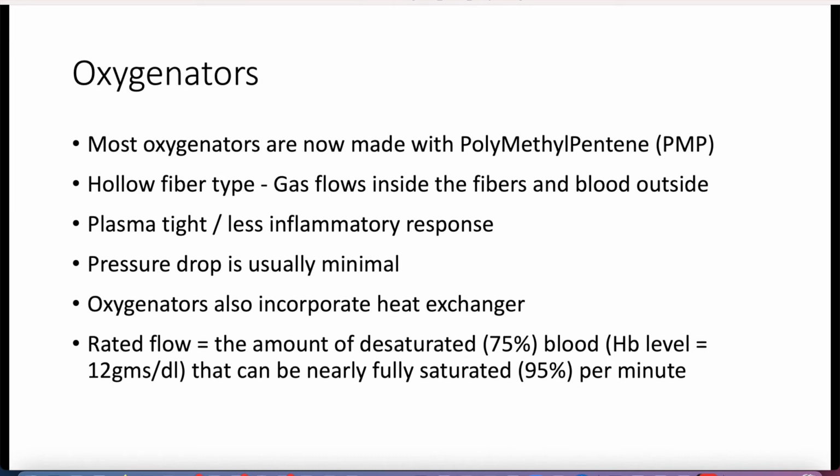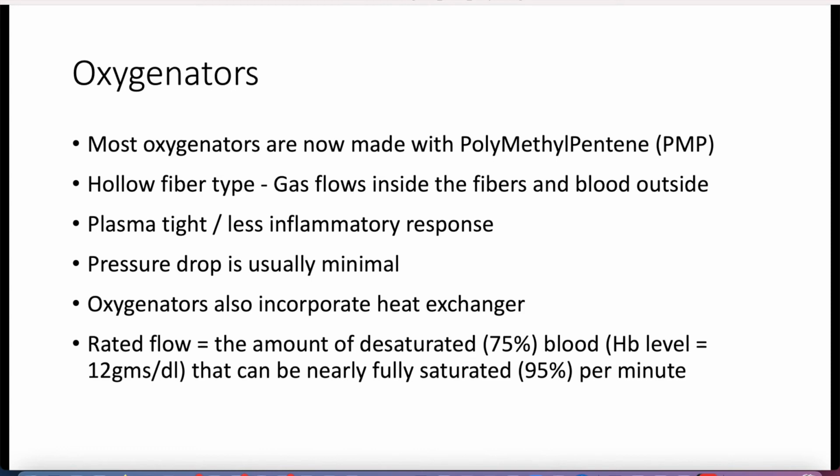Usually the gas flows on the inside of the fibers and the blood outside. A major advantage of these oxygenators is that they do not provide too much resistance to blood flow compared to the previously used membrane oxygenators. This has enabled the use of centrifugal pumps, as opposed to roller pumps. The oxygenators also usually incorporate heat exchanger. I will explain why this is necessary in the next few slides.